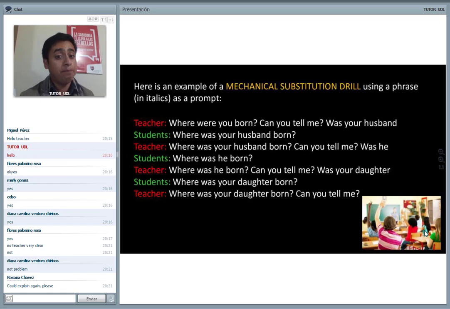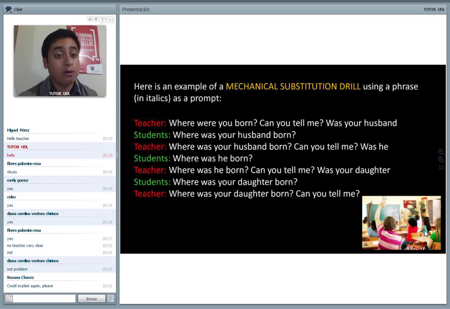Here we have an example of a mechanical substitution drill using a phrase in italics. The teacher says, where were you born? Can you tell me, was your husband? So the students are going to make some changes in the question that the teacher said.